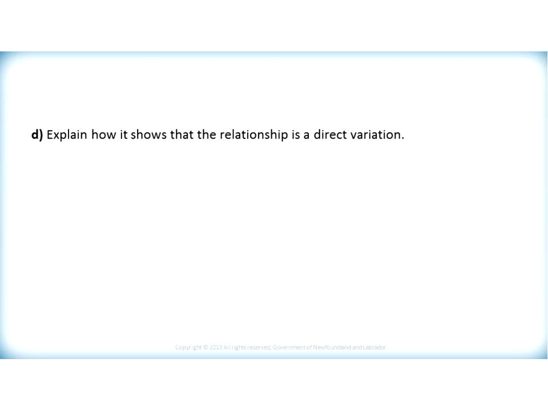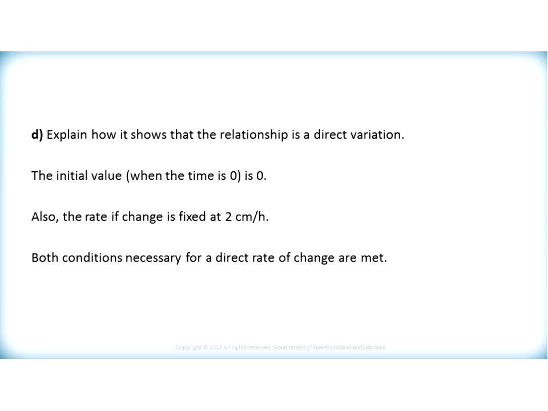We said that in a direct variation, our initial value must pass through the origin, and we know that it does. When time is 0, the depth of the snow on the ground is 0 as well. Also, we have a constant rate of change. It's fixed at 2 centimeters an hour.